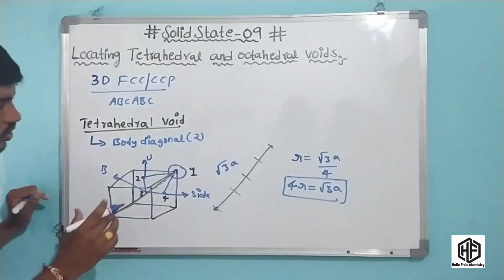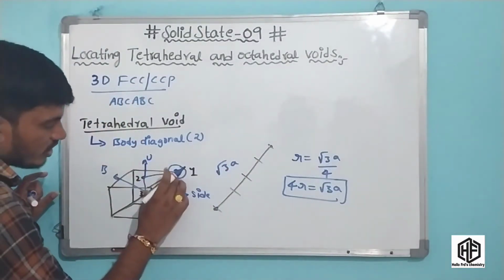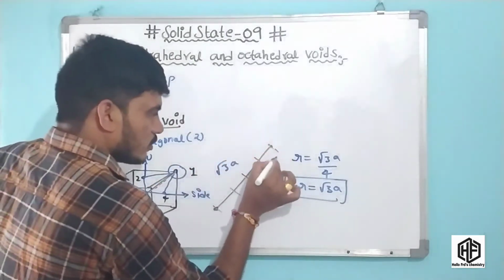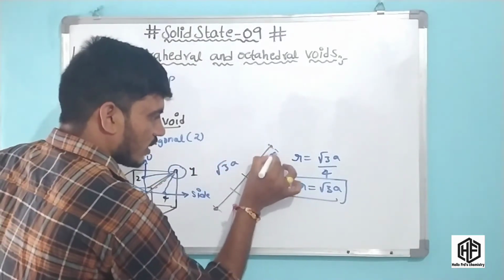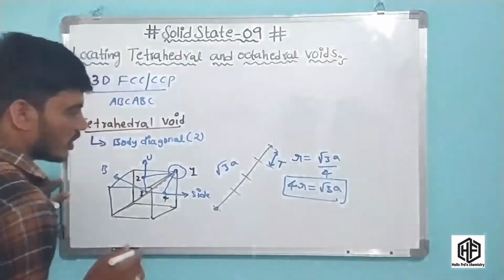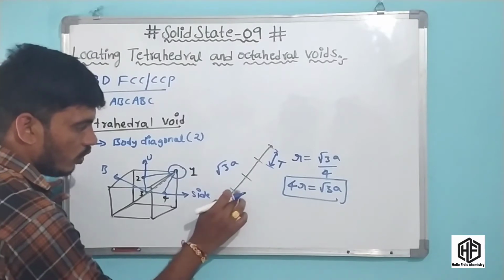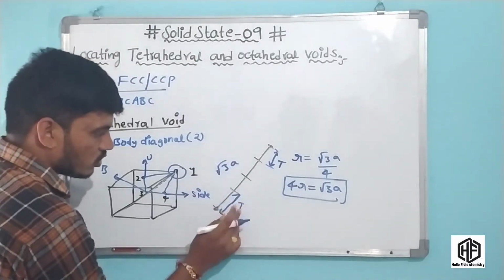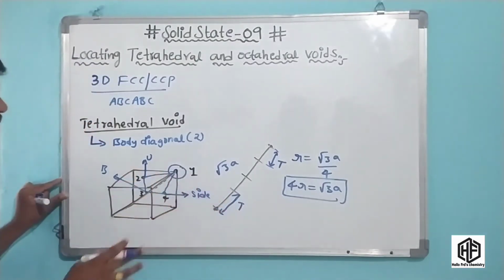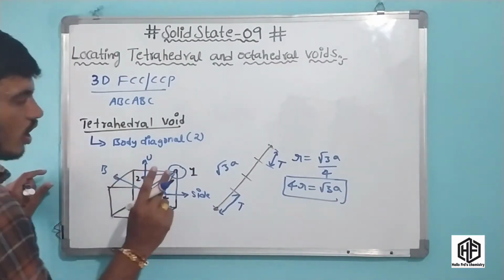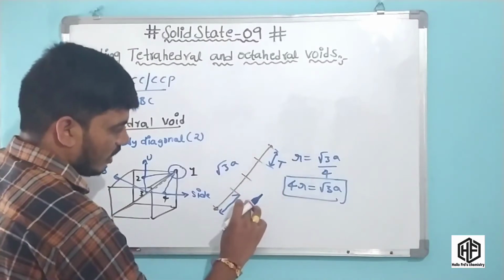Now the tetrahedral void covered in this unit cell is this part. Another tetrahedral void is covered from this point to here. This is so important. It means that in face centered cubic close packing, tetrahedral voids are covered in this face and this face.